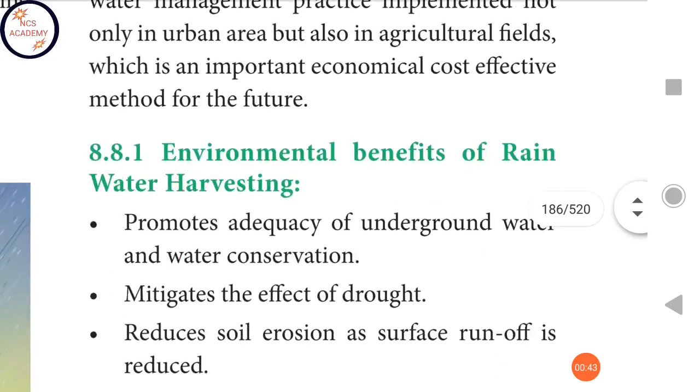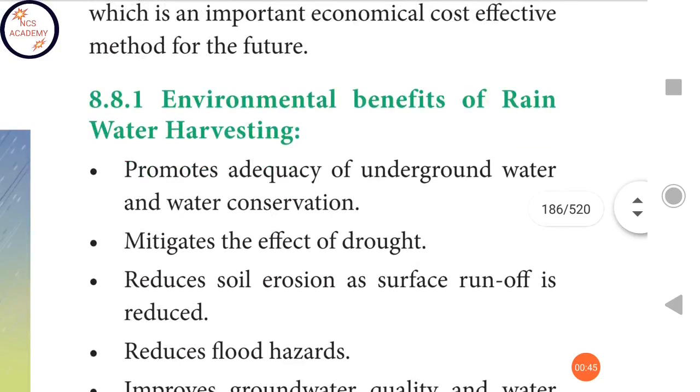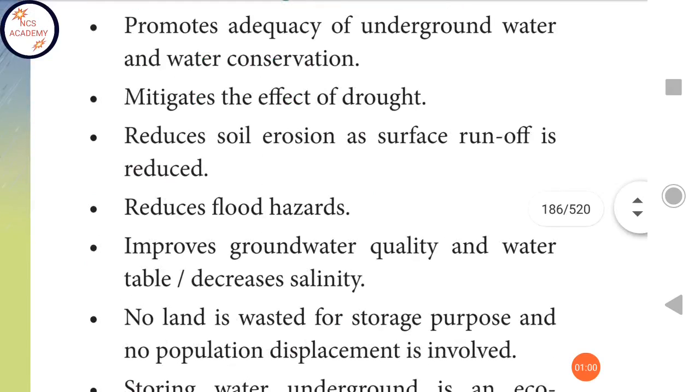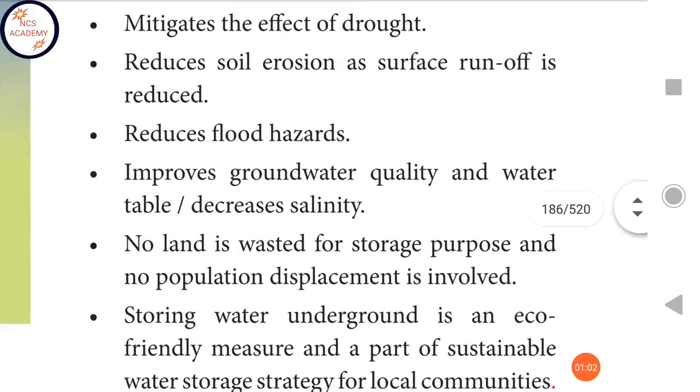What are the benefits of this? It promotes the adequacy of underground water and water conservation, mitigates the effects of drought, reduces soil erosion as surface runoff is reduced, reduces flood hazards, improves groundwater quality and water table, and decreases salinity.